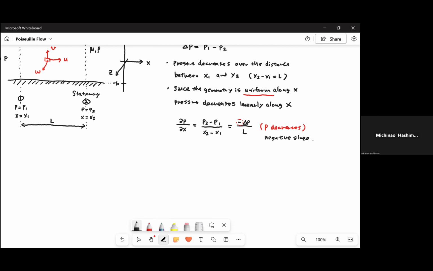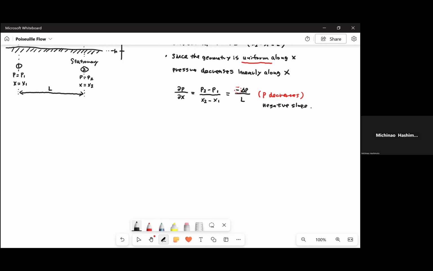So if we want to draw this, just for the sake of completion, we can consider two locations, x1 and x2. At x1, p1 is higher, and at x2 this is p2. This is the location at 1, this is the location at 2.